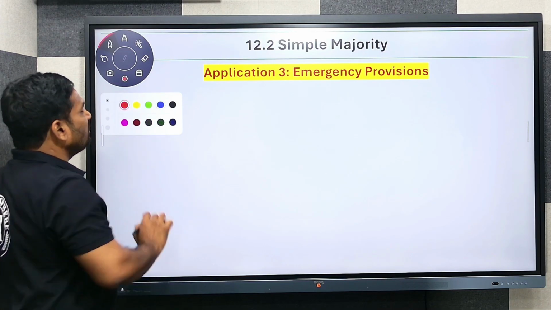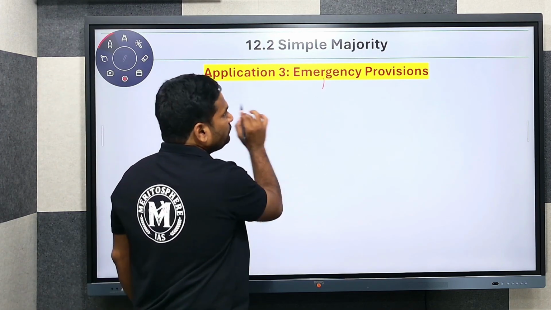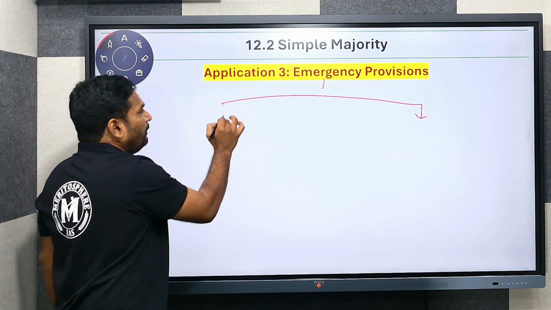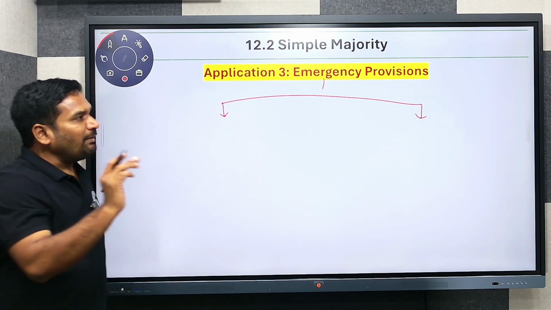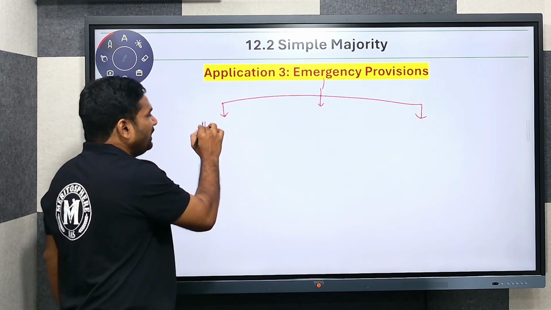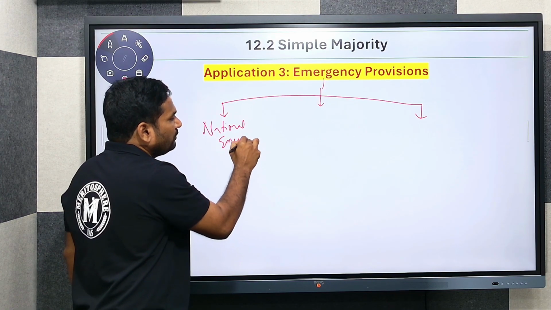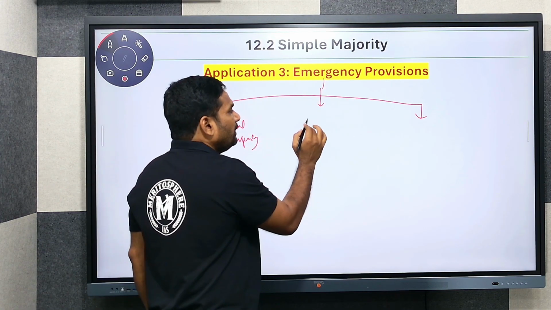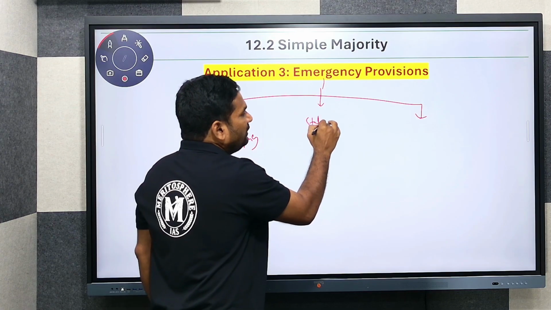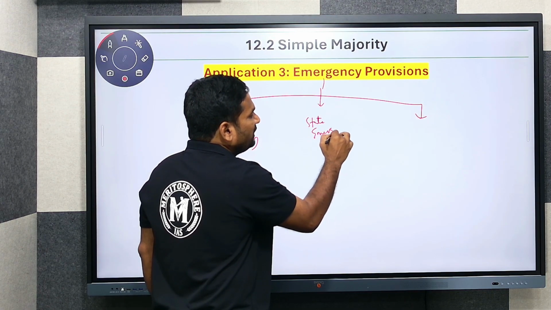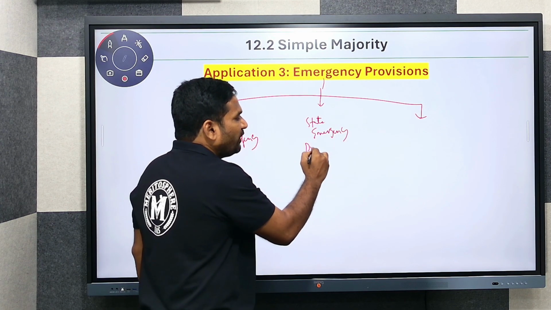So the third thing is emergency provisions. Under the emergency provisions also, the majority that is used is simple majority. The emergency provisions are of three types in India. One is national emergency. Second is state emergency or president rule, also popularly known as president's rule.